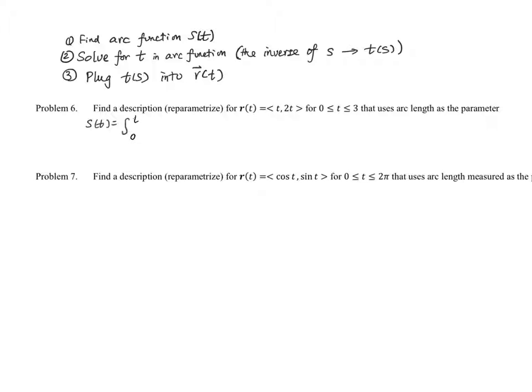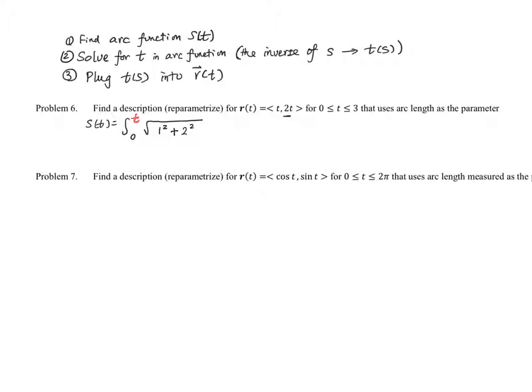I'm going to label that as t, square root of the derivative of the first component squared plus the derivative of the y component squared. So basically it's 1 squared plus the derivative of 2t, which is 2 squared. And I'm not going to use t inside the integral because I don't want to confuse you by that.